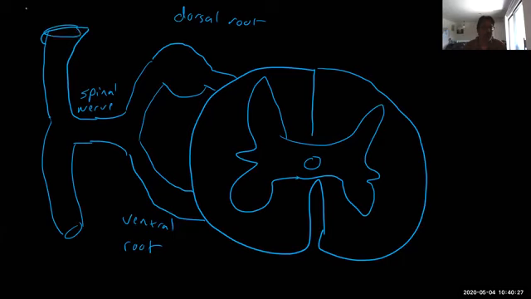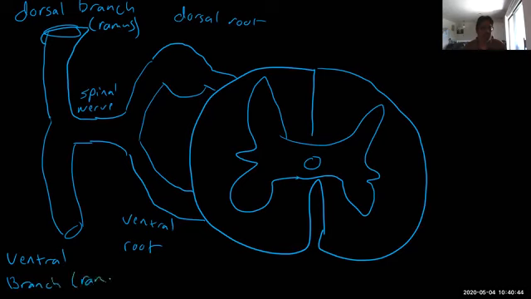So back here would be your dorsal branch, or dorsal ramus. And up here is a ventral branch, or a ventral ramus. Now the point is this. Anything along the back, that dorsal branch, goes directly to the muscles and the skin along your back.